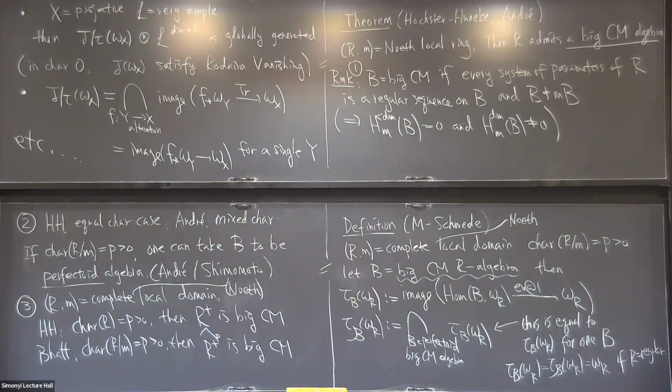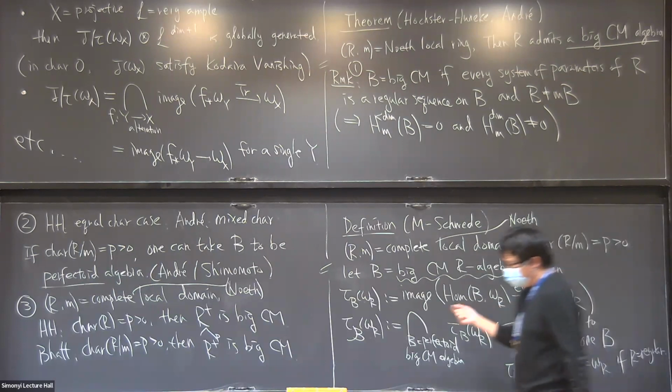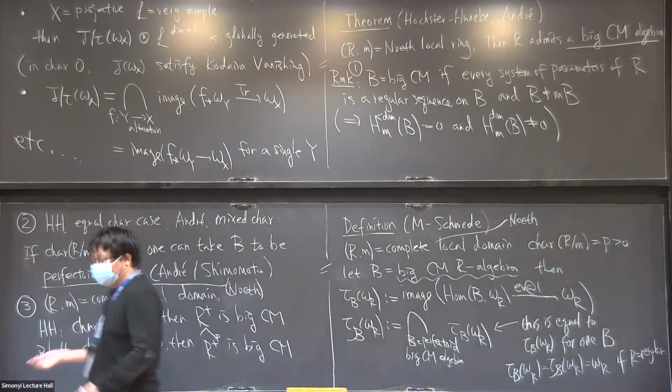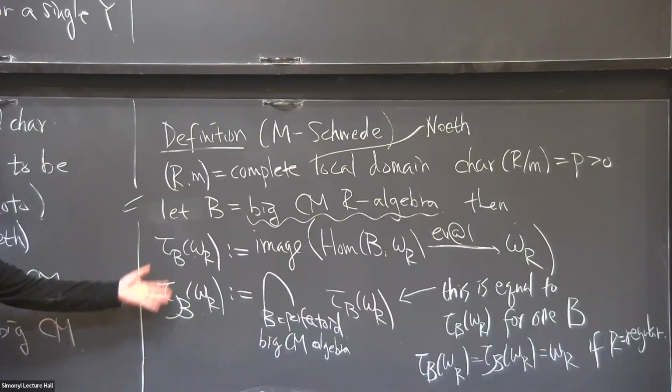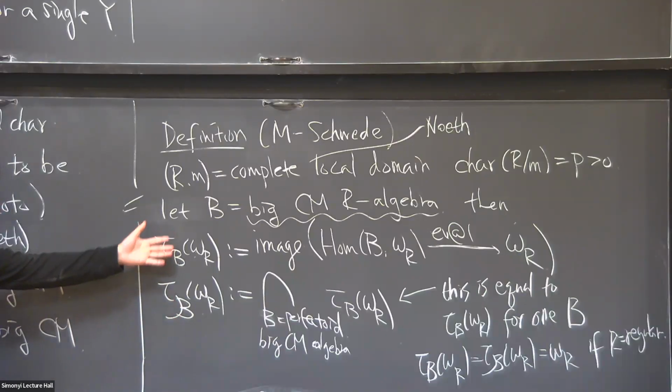Locally, I think we believe this: you can use the big B, or you can use R plus. Most of these are enough for the local applications to commutative algebra. But there's an issue here.